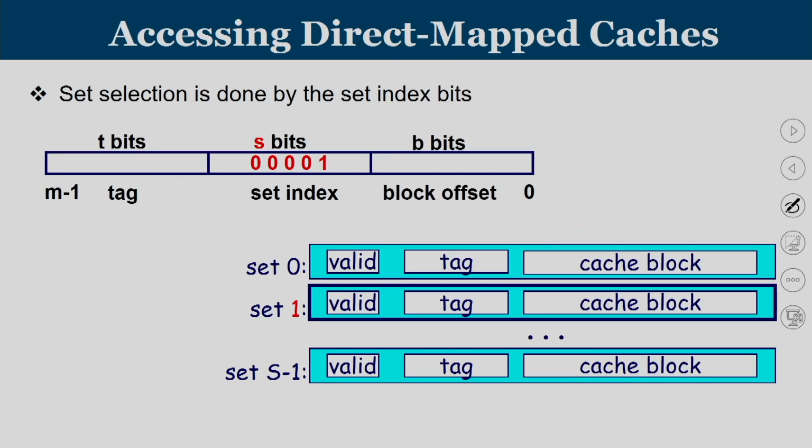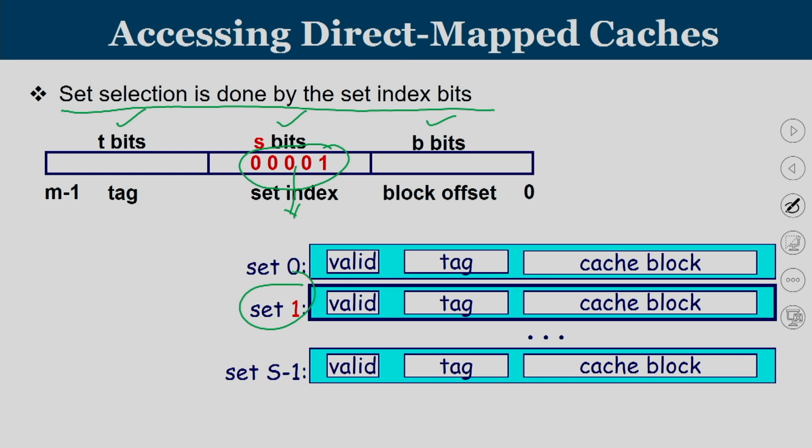Now, we will see how you access a direct mapped cache. For set selection, once the CPU gives the address, it is split up into tag bits, index bits and offset bits. Let us say 5 index bits are used in this example, and the numerical value of these 5 bits corresponds to 1, which means I am choosing set 1.